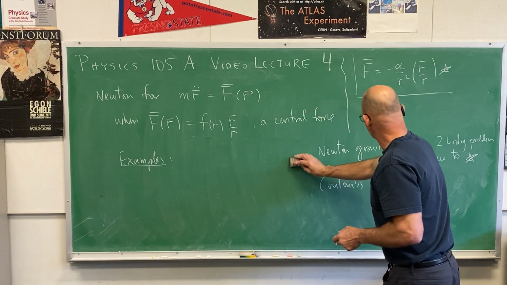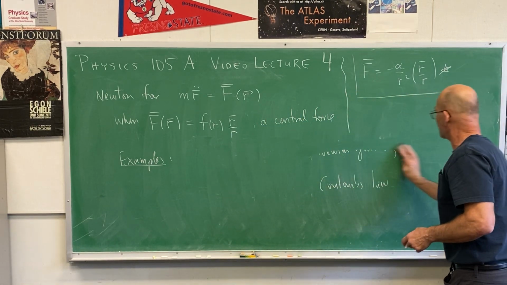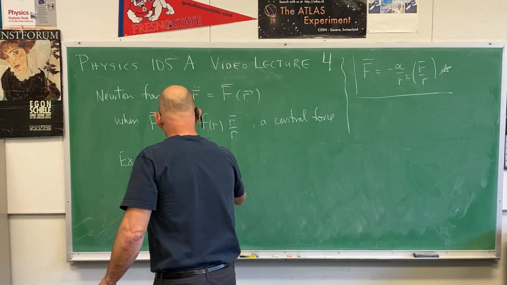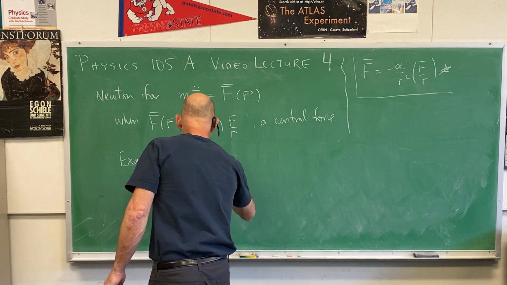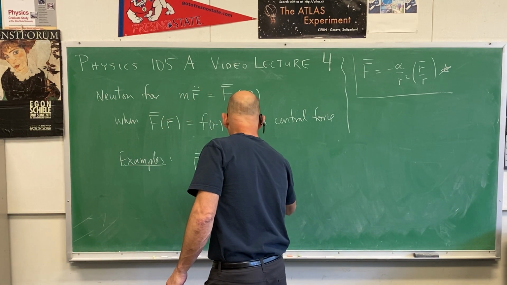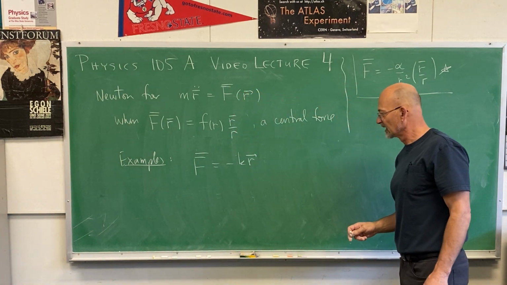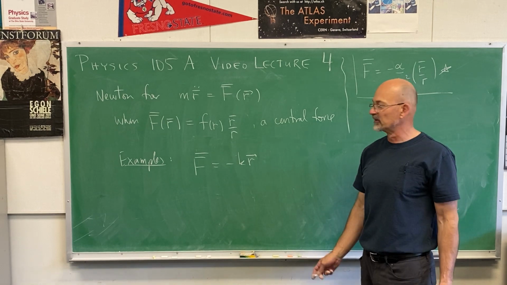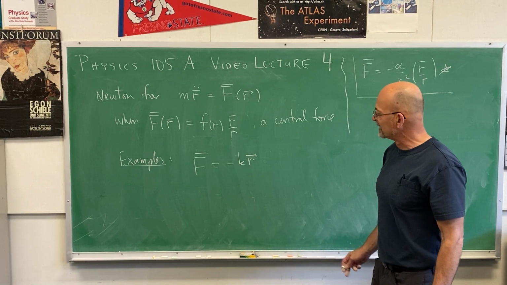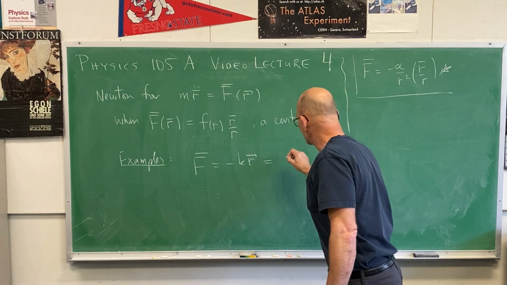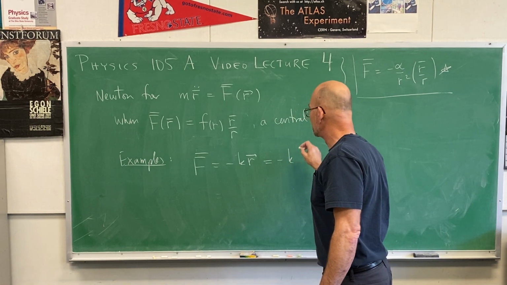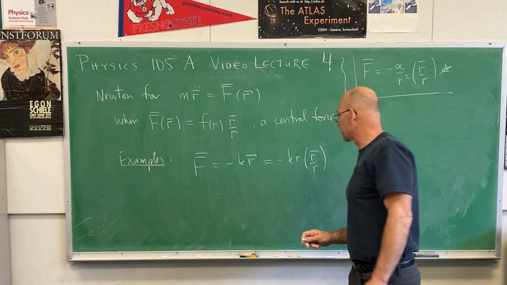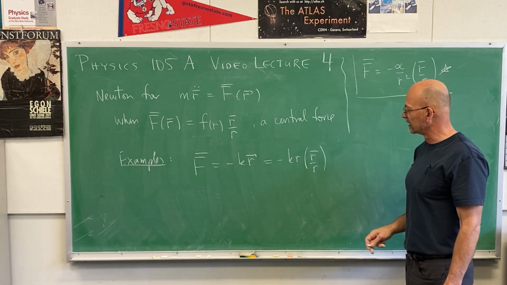So the other example that I want to look at here is F equals minus K times R. So what is that? That looks like a Hooke's law, and it really is. It's a three-dimensional Hooke's law. Hooke's law in 3 dimensions, and we can write minus K R. We multiply and divide it by this magnitude R right here.